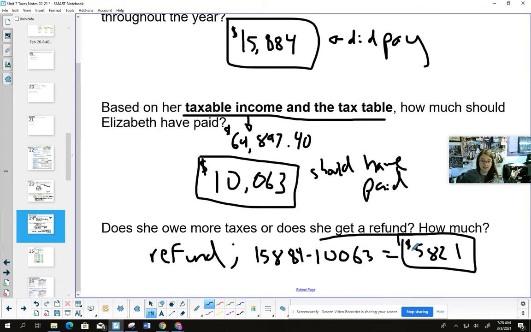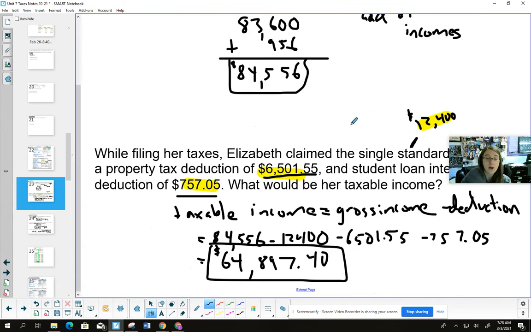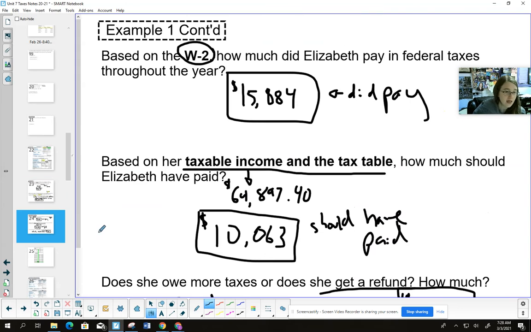So that's the process of what goes on when you file your taxes. This is the exact order. We're going to write this down later. You find the total income by adding all your incomes together because they got to see how much is being taxed. But again, not everything is being taxed. We have to take away the tax deductions so that we can see how much income is actually going to be taxed.